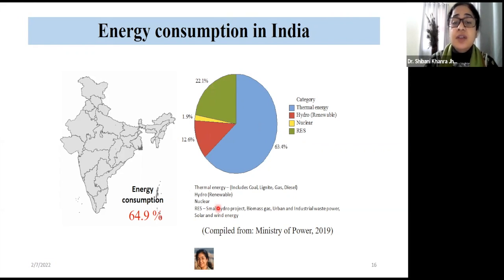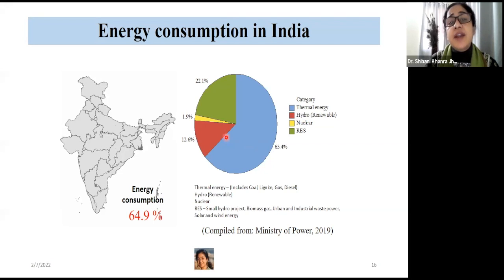And in renewable energy, what are the considerations currently? These are small hydro project, biomass gas, urban and industrial waste power, solar and wind. However, nuclear shares 1.9%.